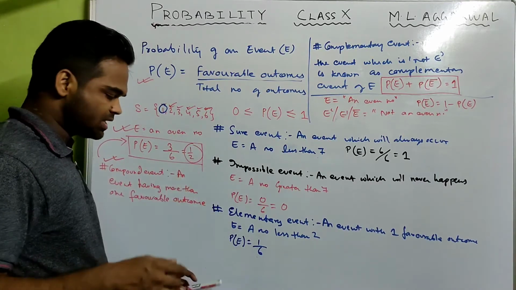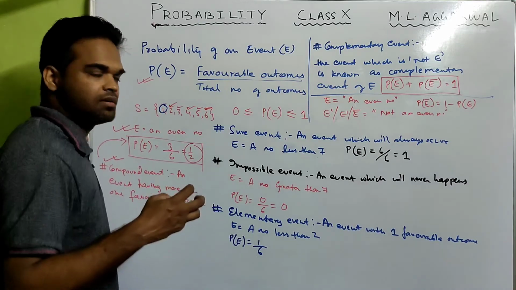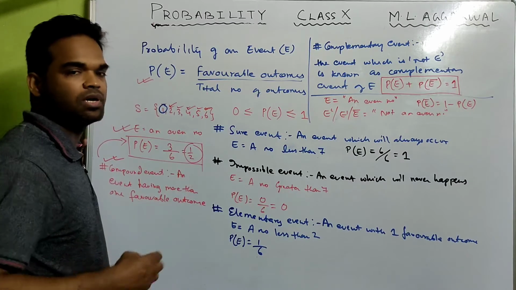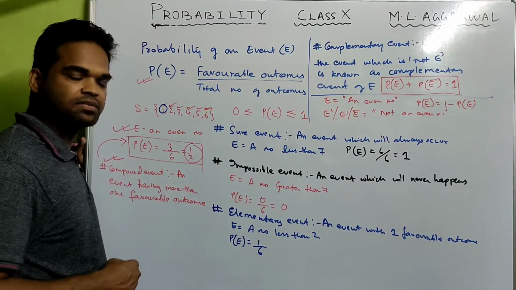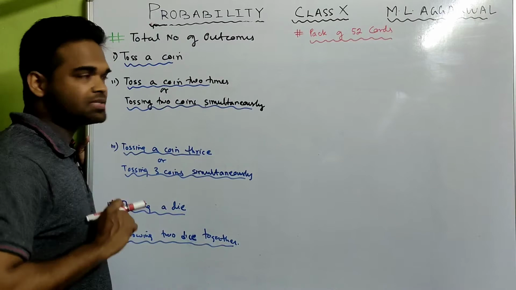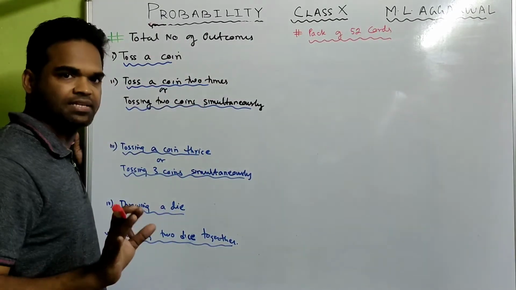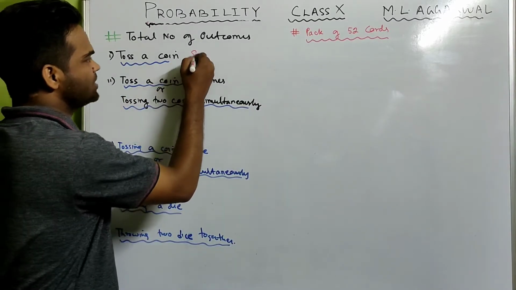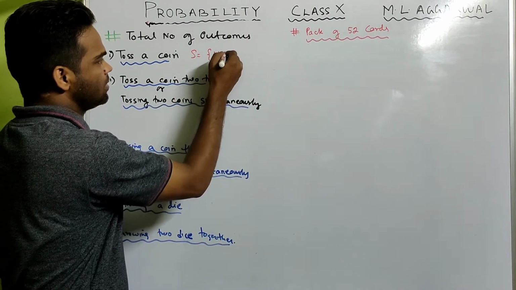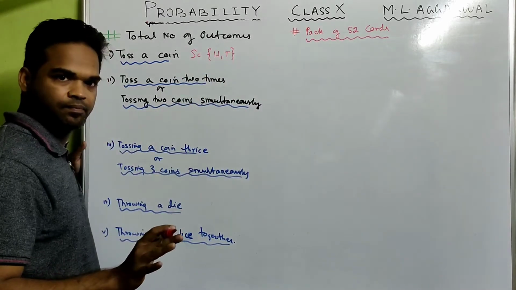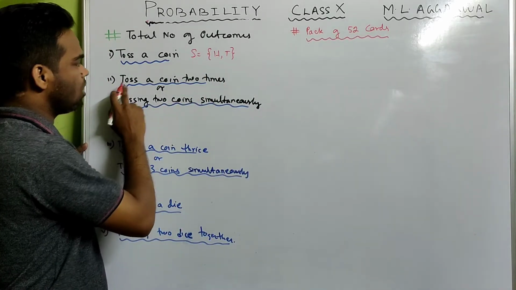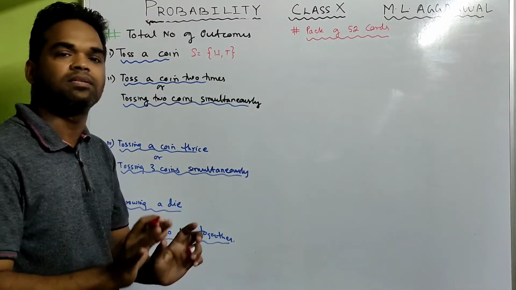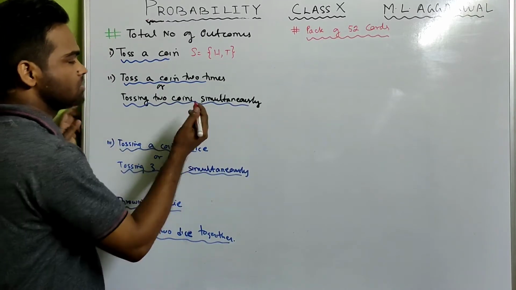Now we'll discuss a few cases where we need to see the total number of outcomes before we move to do the sums. Copy all these, they are very important. First of all, tossing a coin, one coin, we know the outcomes. The sample space will be a head or a tail. Toss a coin 2 times or tossing 2 coins simultaneously, the meaning is the same.